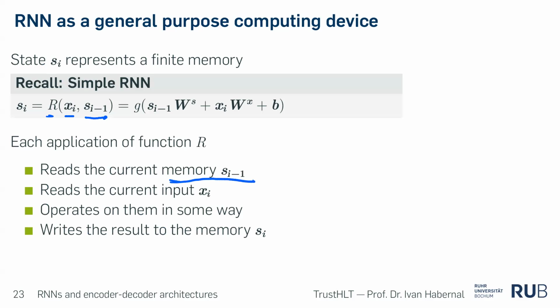So the state, we turn it into something fancy, a memory vector, reads the current input, operates on them in some way. Here it's doing these fancy linear projections and non-linearity, but it just does something with this and writes the result to the memory, the state at this current position, and we call it a memory.